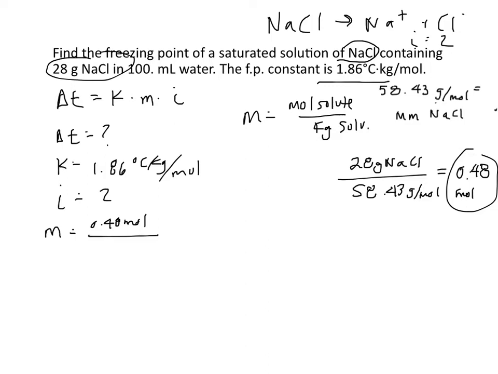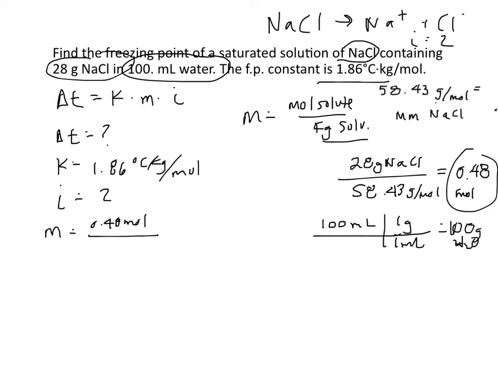Now I need kilograms of solvent. My solvent in this case is water. I have 100 milliliters of water. I know that the density of water is basically 1 gram per milliliter. So 100 milliliters gives me 100 grams of H2O.